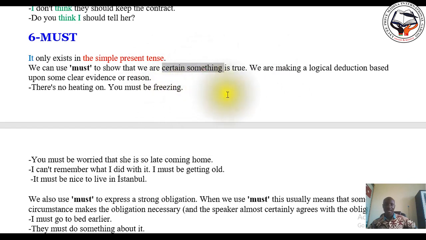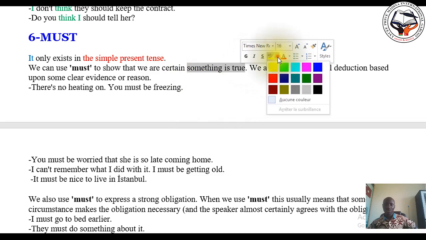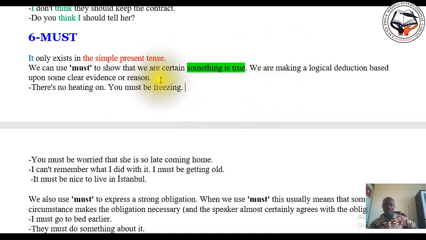We are making a logical deduction based upon some clear evidence or reason.